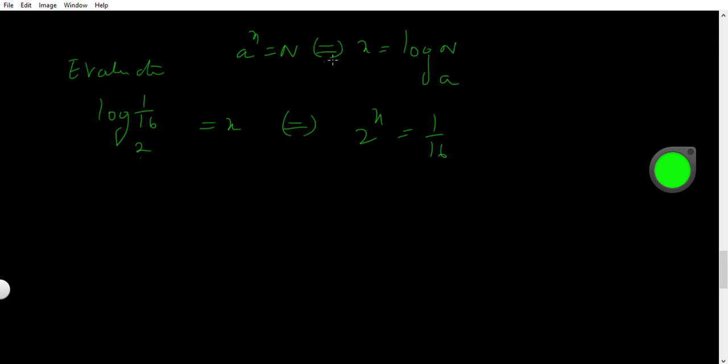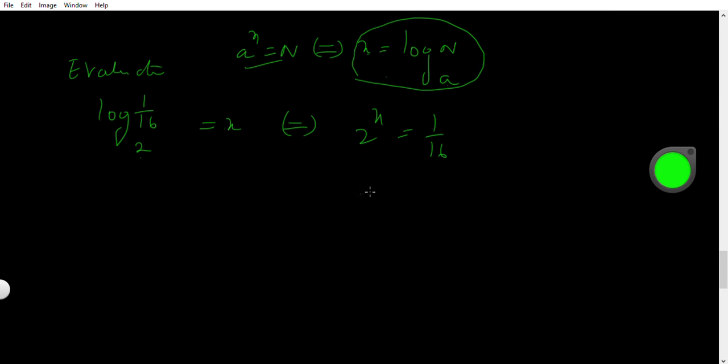This is the base and this is the power, therefore a to the power of x is equal to n. Similarly, we have it like this. If you take this as equal to x, it is in this form. Therefore, 2 to the power of x is equal to 1 by 16.